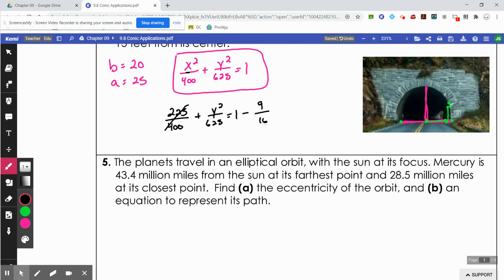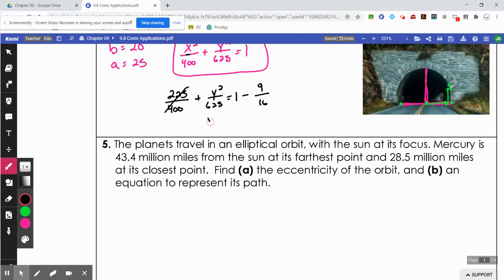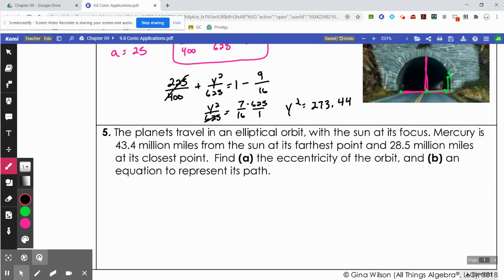So I now have y squared over 625 is equal to 7/16. To get rid of our 625, let's multiply by 625, and that gives me y squared is equal to 273.44. Once we take the square root of that, remember we would actually have two answers. The square root of 273.44 gives you plus and minus when you square root it.